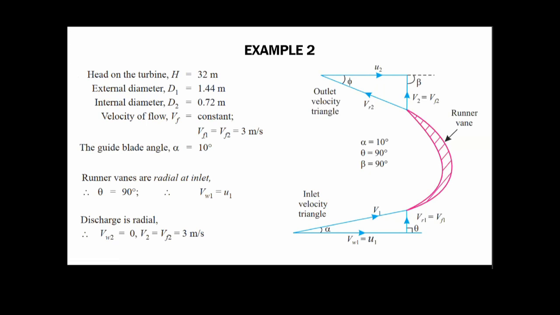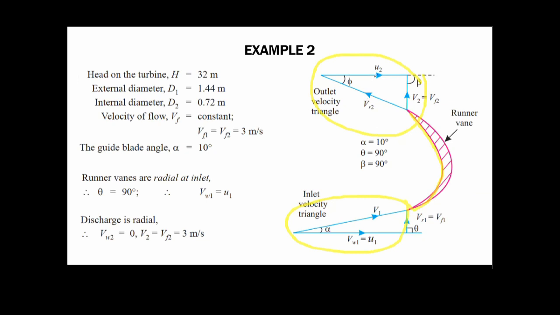Even though it's not stated in the question, this will show your understanding of the question. So first draw the vane, and then draw the velocity triangle at the inlet, and then the velocity triangle at the outlet, and also all the notation, for example V1, alpha, theta, because you're going to use all this information when you solve your problem.